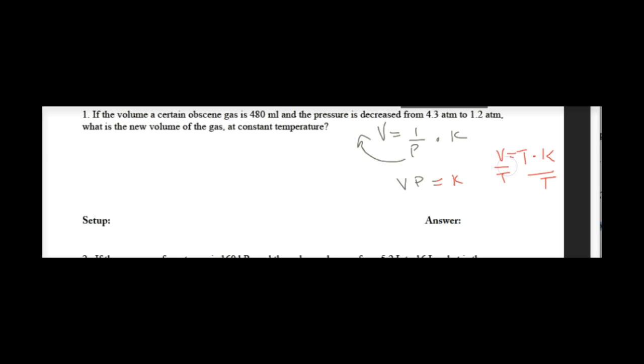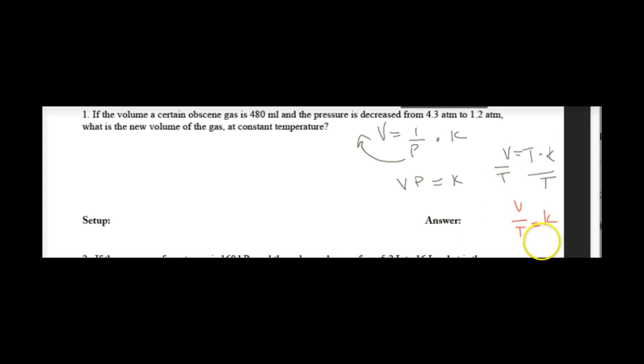So you have a situation where volume is divided by temperature, and that's how you set up that gas law. So it looks more like V over T equals the constant.